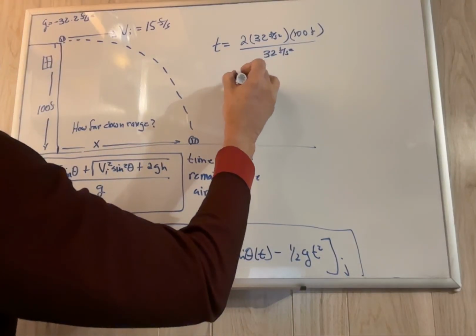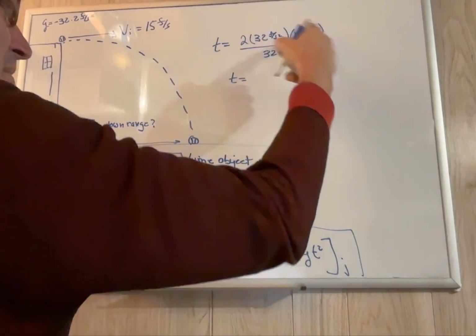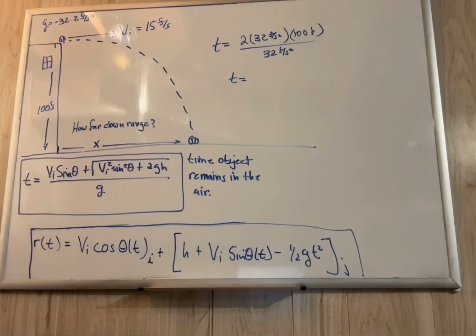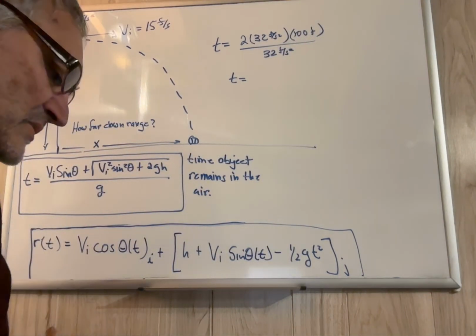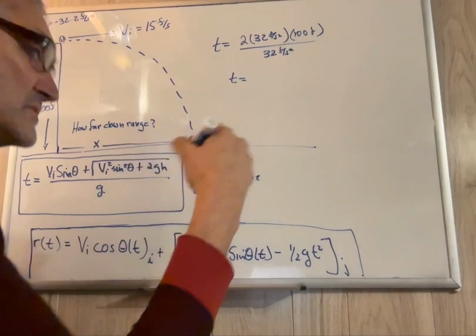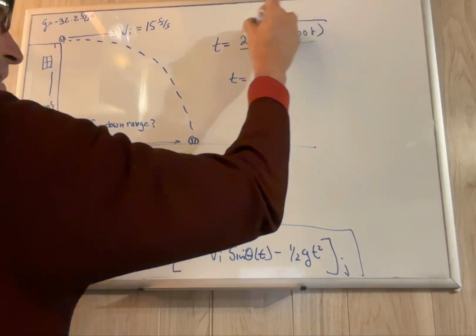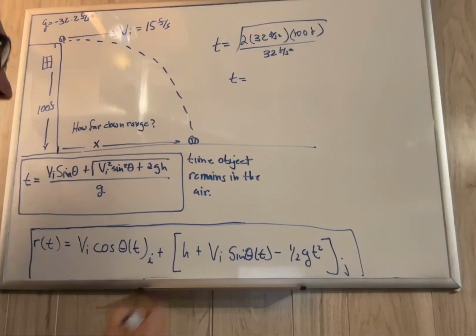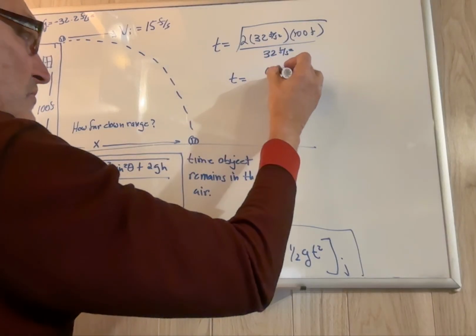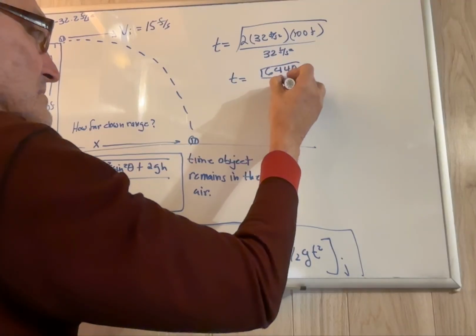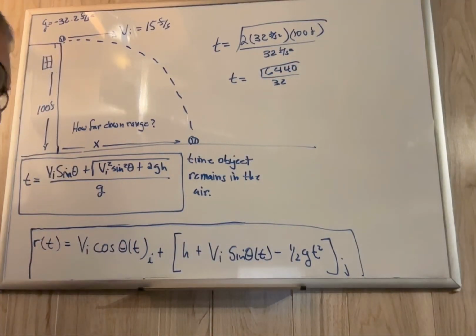Fortunately, with all these feet per second squared and the feet, that comes out to be seconds, which is what you always love to see when you multiply this out. I'm sorry, you've got to take the square root of this thing too. When you multiply this out, it comes to be the square root of 6440 divided by 32 feet per second squared.